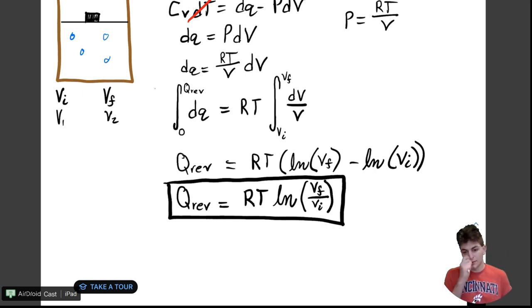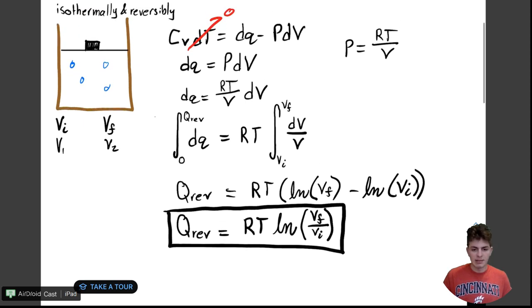We've now derived some expression of what heat we need to add or remove from a system isothermally compressed or expanded reversibly, in order to change its volume by some amount.